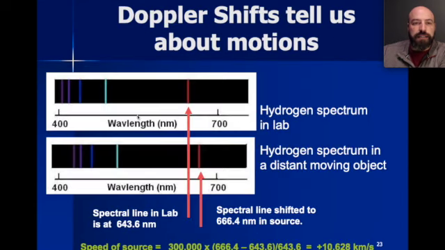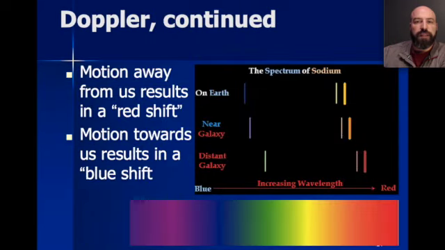So in our case, if you look at the graph above, if we were in a lab and it wasn't moving, it would look like this. But now, if the object was moving, those lines would be shifted slightly differently. Clearly, it's the same element as the one above, but things are shifted a little bit further over. So when the thing is moving away from us, we say it's red shifted, like in this diagram.